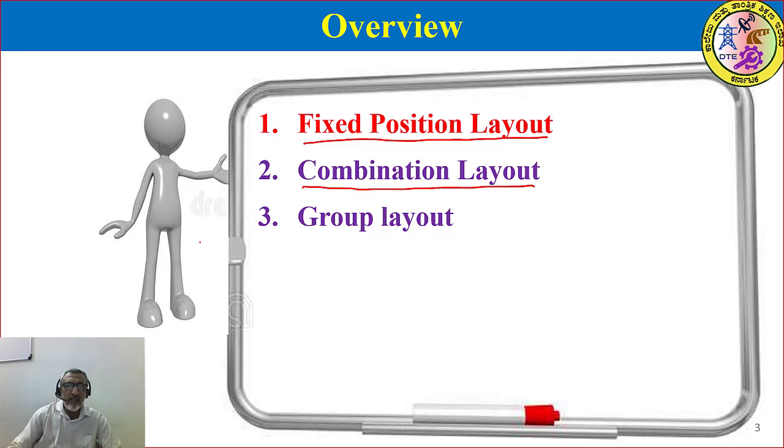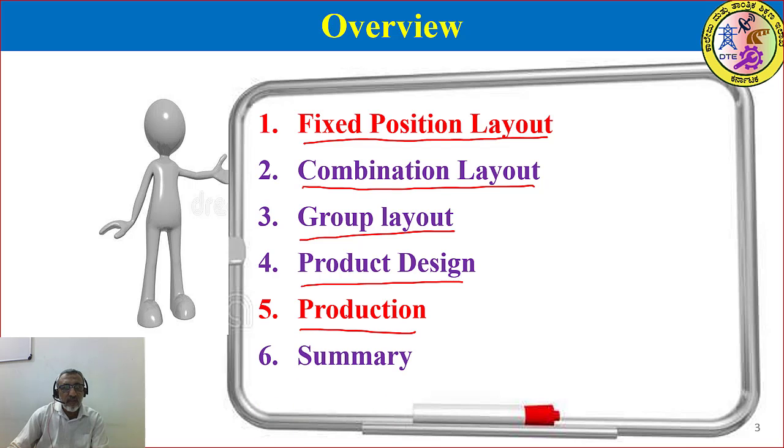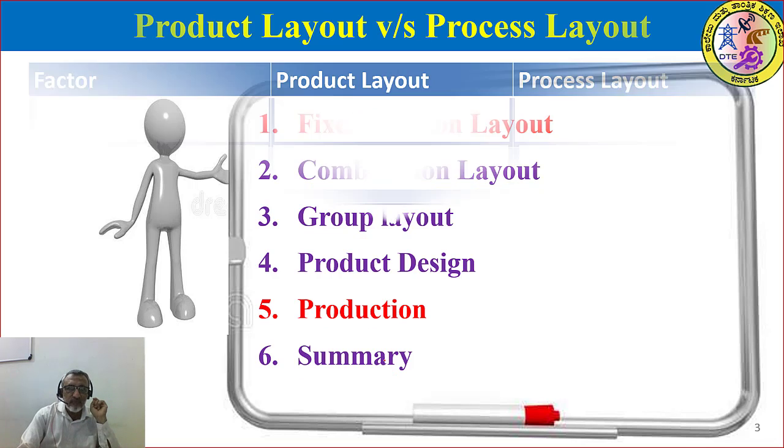And then we'll be briefly discussing the group layout, which is suitable for group technology. Then we'll briefly touch upon product design, discuss production, and finally we'll have a summary of the content we discuss in today's class.